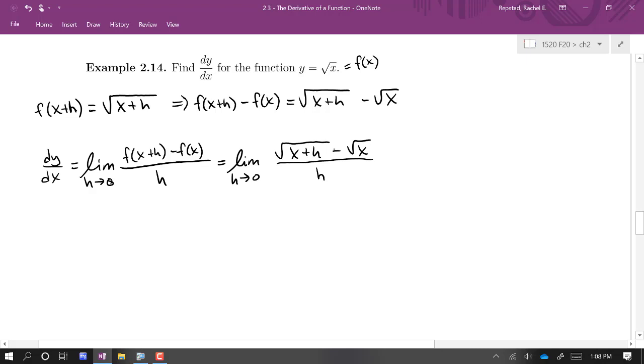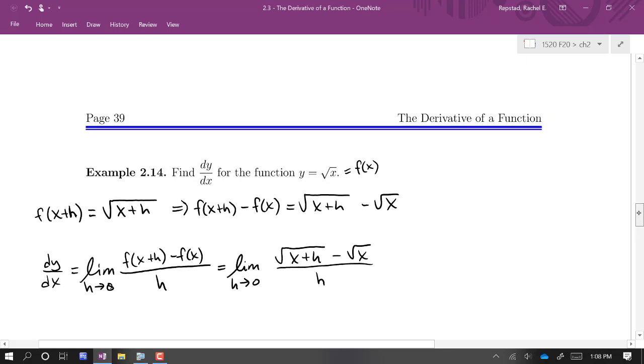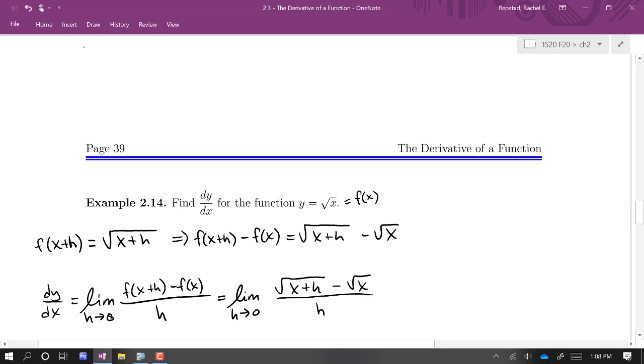So right now what we're going to do is use a technique we used to help us work with radical expressions. I'm just going to remind us up in the margins here. Let's have a little flashback.